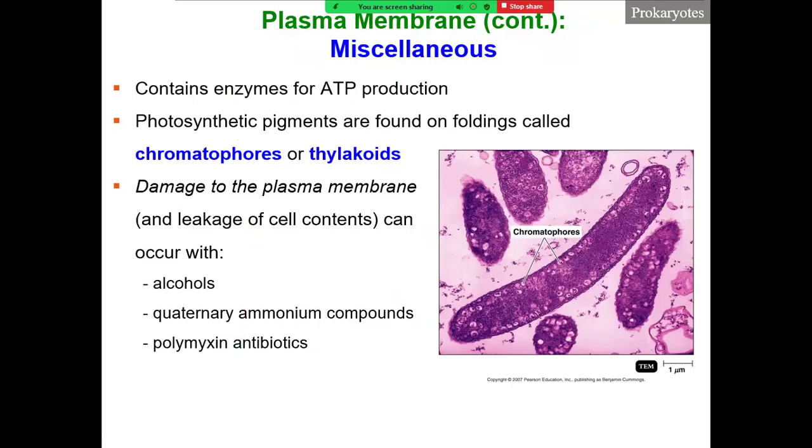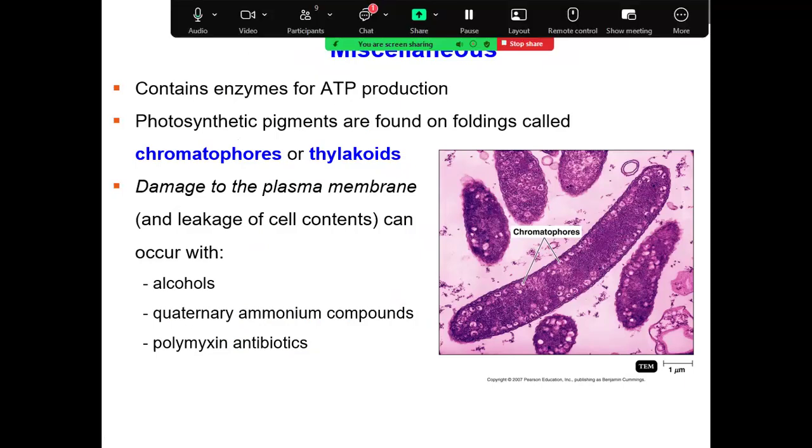This is not true of eukaryote cells, but in bacteria, the majority of ATP is made in the cell membrane, and they have the enzymes for making ATP in the cell membrane. If the prokaryote cell is photosynthetic, the photosynthetic pigments are found in the foldings of the cell membrane.